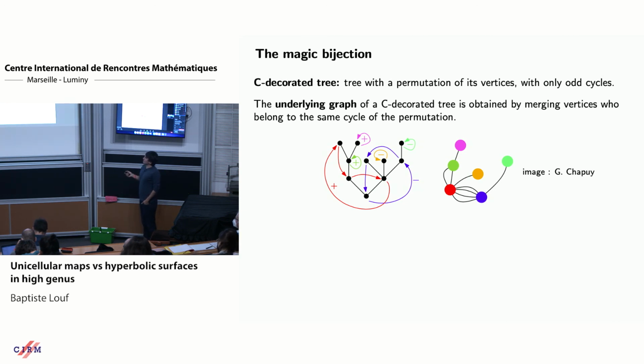I forgot to say, I'm talking about trees that are planar and rooted, so they have this clockwise structure around the vertices. Here, the underlying graph has just a graph structure. We don't know its map structure.